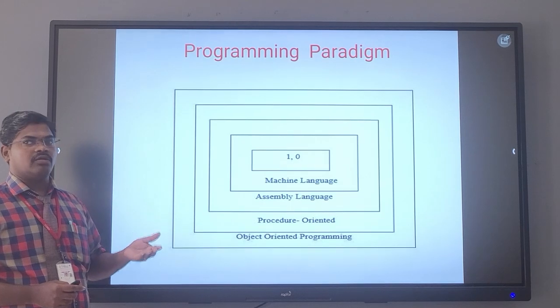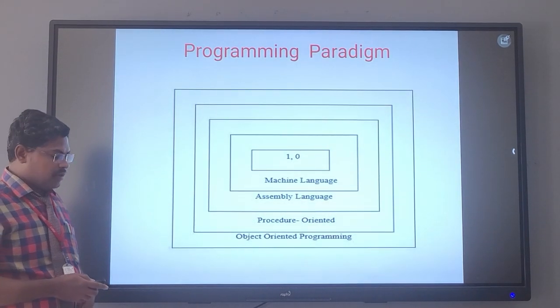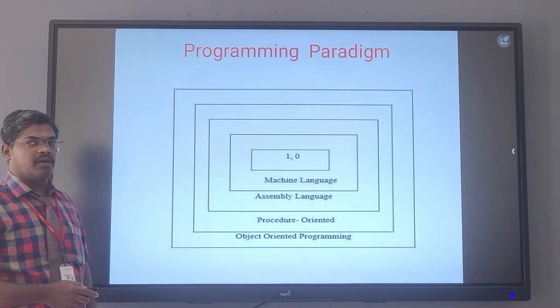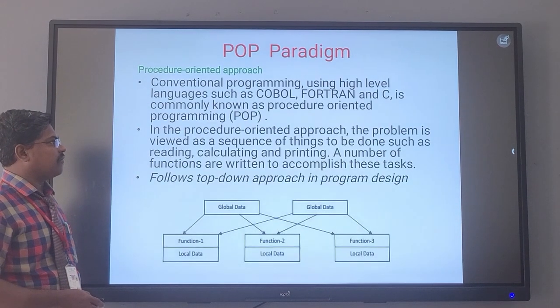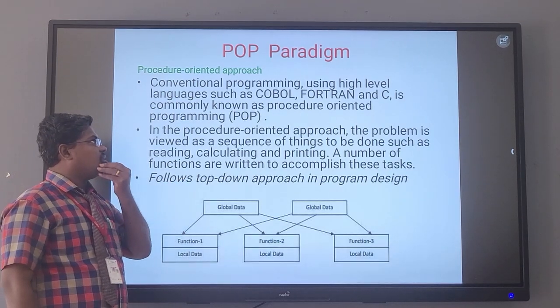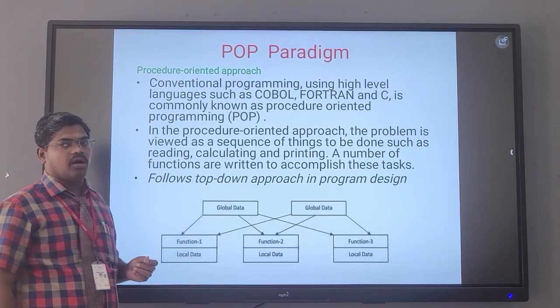There is no need to follow any sequence and steps. So OOP is very popular and familiar in programming languages. This is the difference between the procedure oriented paradigm and the object oriented paradigm.